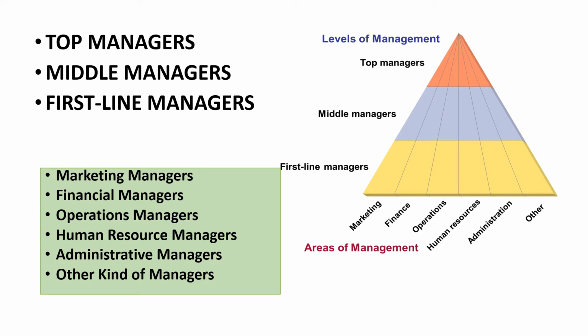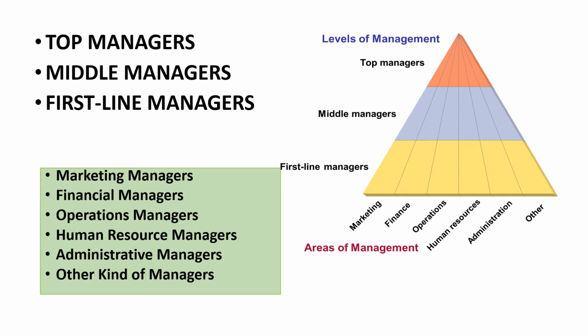It depends upon the company. If it is a very big company, they have the top, the middle, and the first line managers. But if it's a small company, maybe just the top and then the first line manager. So it depends upon how big the company is.